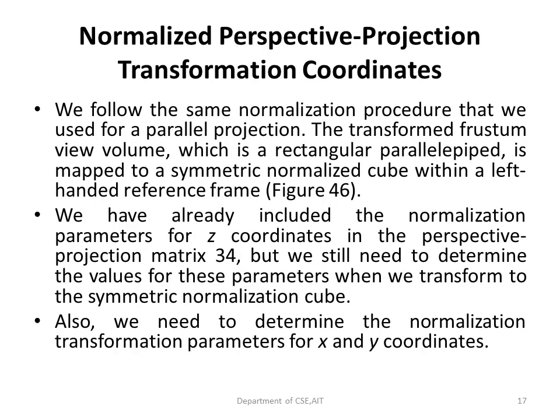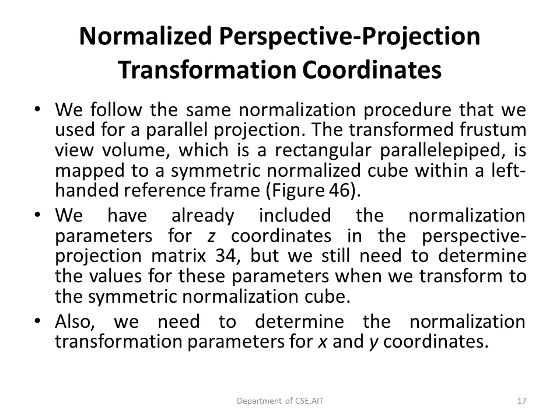For the normalized perspective projection transformation coordinates, the normalization procedure will be the same as what we used for the previous parallel projections. The transformed frustum view volume, which is a rectangular parallelepiped, will be mapped to a symmetric normalized cube within a left-handed reference frame.